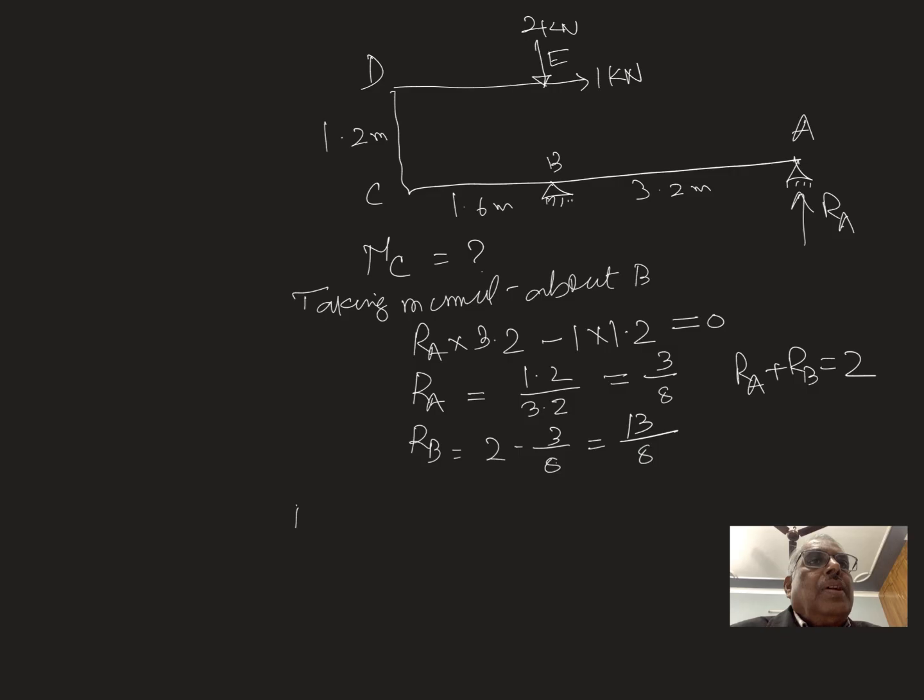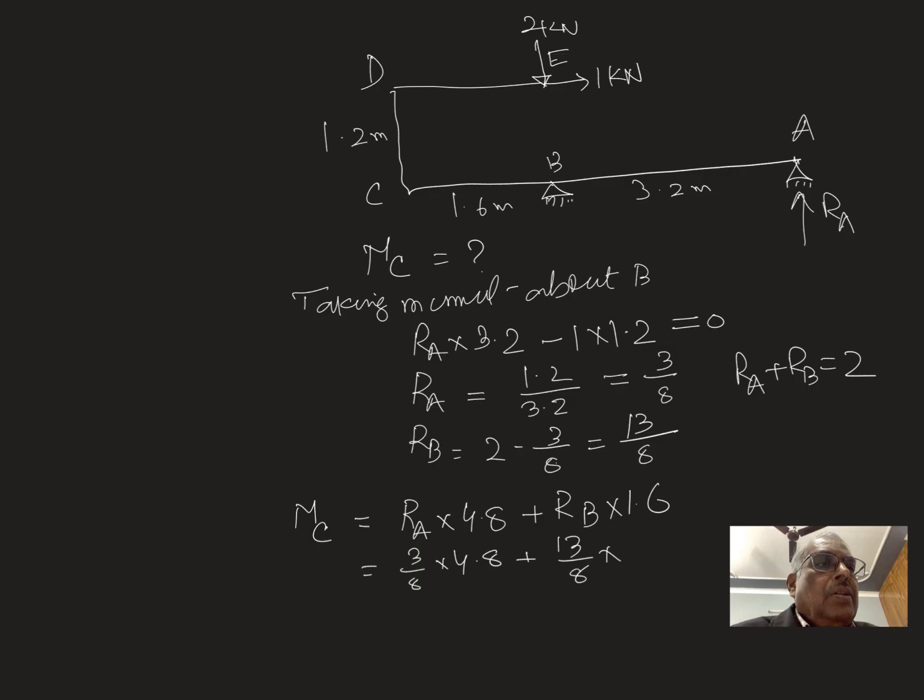So now you have to find out what is the bending moment at C. So RA into 3.2, plus 1.6, 4.8, and this is also plus RB into 1.6. So RA 3 by 8 into 4.8 plus 13 by 8 into 1.6.